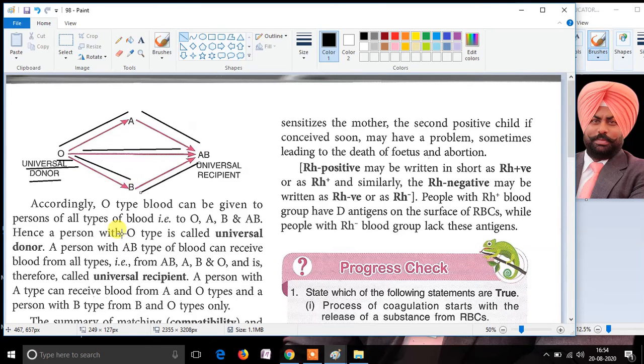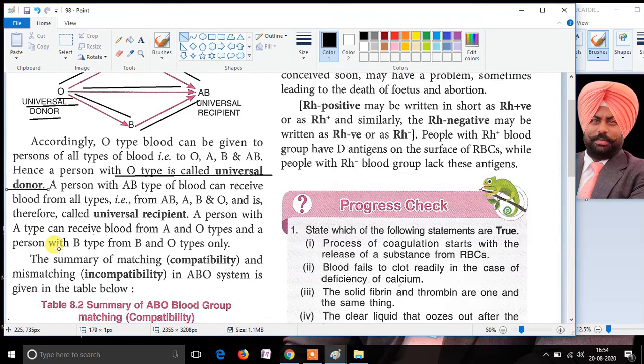Hence, we can say that a person having blood group O is called a universal donor, because he can donate his blood to anyone, to a person having blood group A, blood group B or blood group AB. While the person having blood group AB can donate his blood only to a person having blood group AB, but can receive blood from all the blood groups.